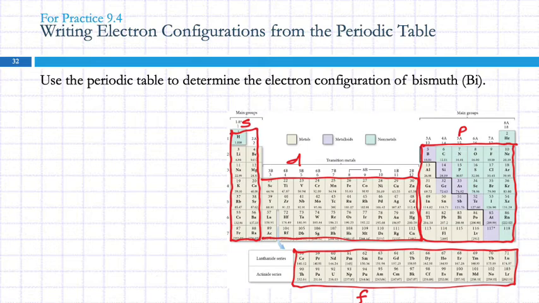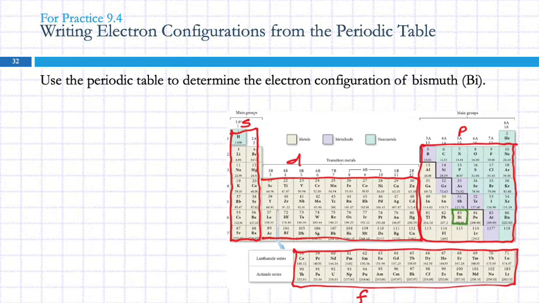It's 14. Okay, so how do we find the electron configuration of bismuth using this periodic table? Well, first of all, we have to find bismuth, right? It's down here, it's number 83. I think we want to do the noble gas configuration, right?